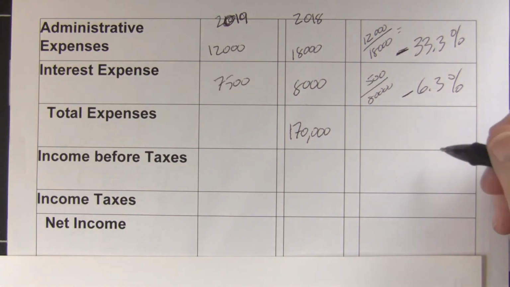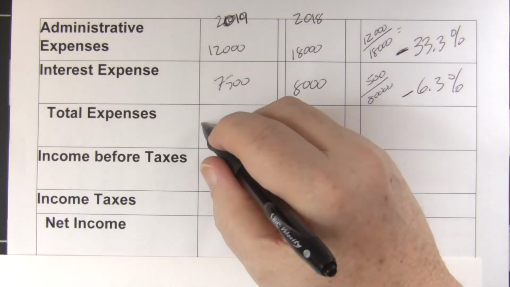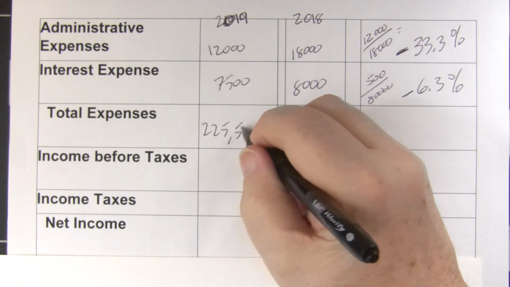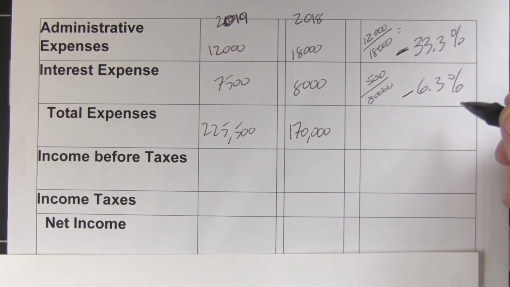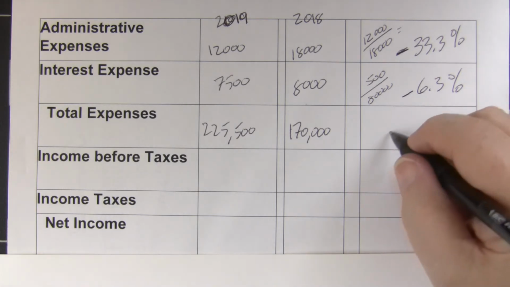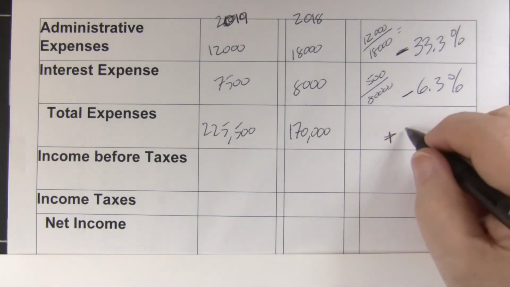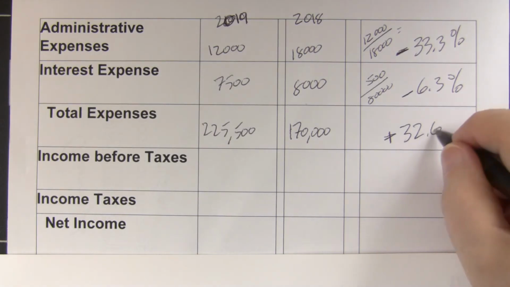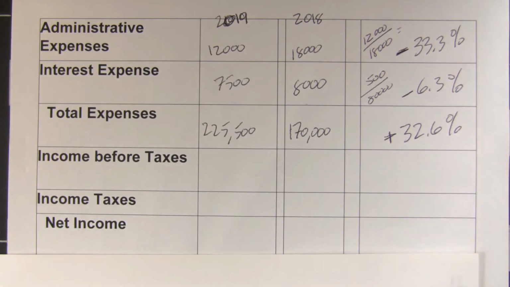Our total expenses this year were 225,500. That's an increase. Do it either way you like. 225,500 divided by 170 minus 1, or the difference divided by last year. Either way, you're going to see that expenses were up 32.6%.